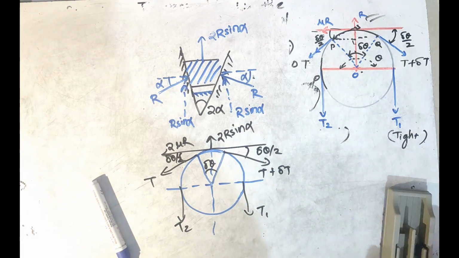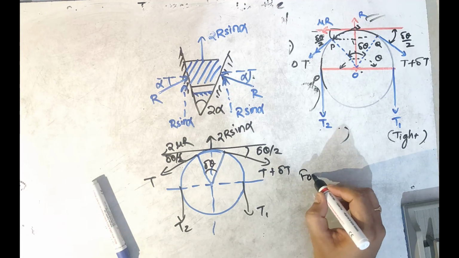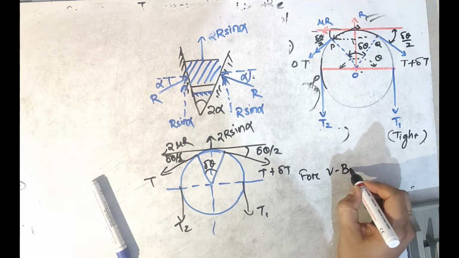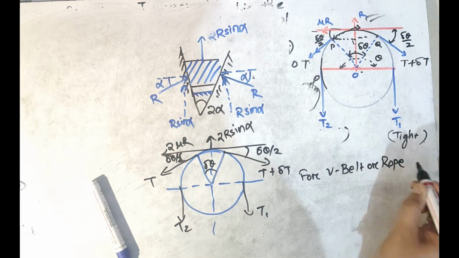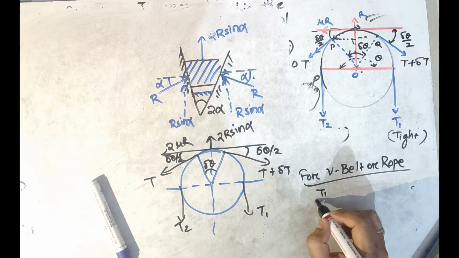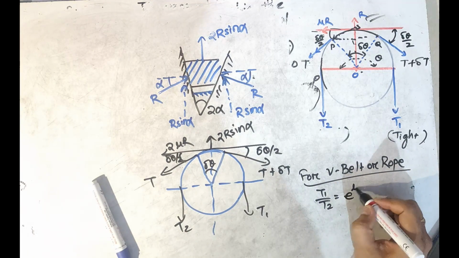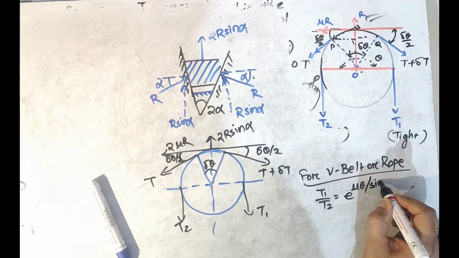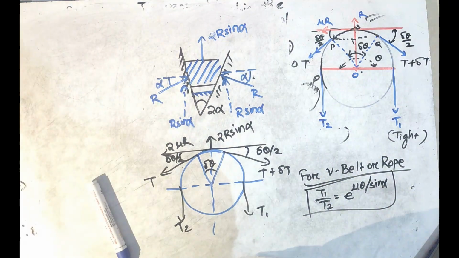So what will be the relation here for your V belt or rope? The relation is T1 divided by T2 equals e to the power mu theta divided by sin alpha.